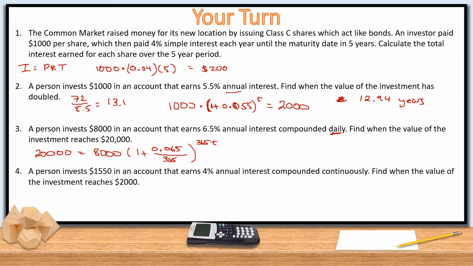All right, so we're going to graph this one out. So I got 20,000 on one line, and I got 8,000 on another, and I got 1 plus 0.065 divided by 365, to the power of 365x.